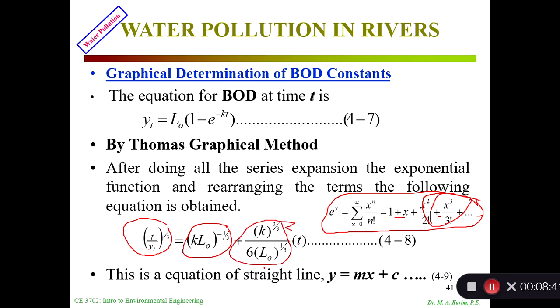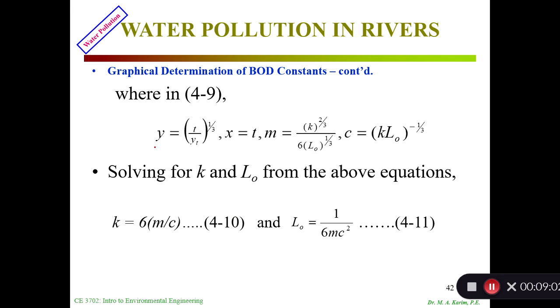So this can be considered as a straight line equation from our geometrical background. This can be considered as y, this could be considered as c, and this as m. So y equals mx plus c, and t equals x. M equals this, c equals this. So the equation becomes like that.